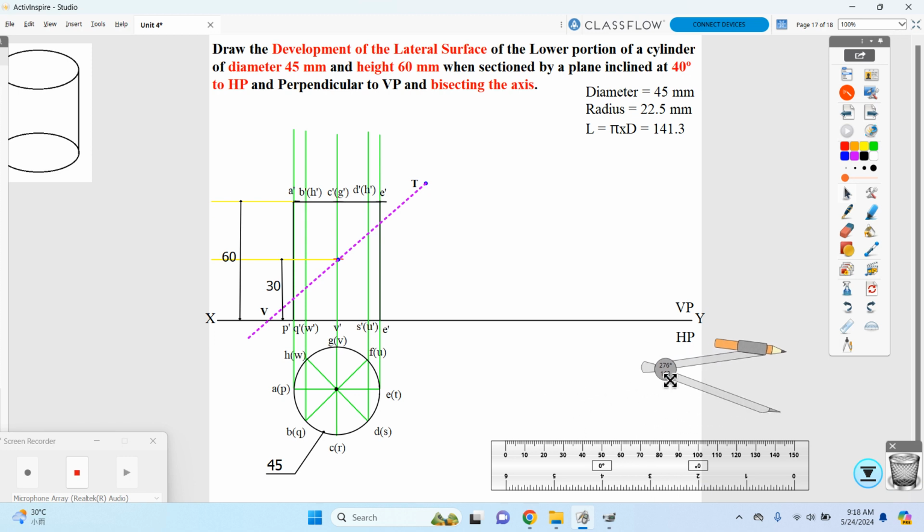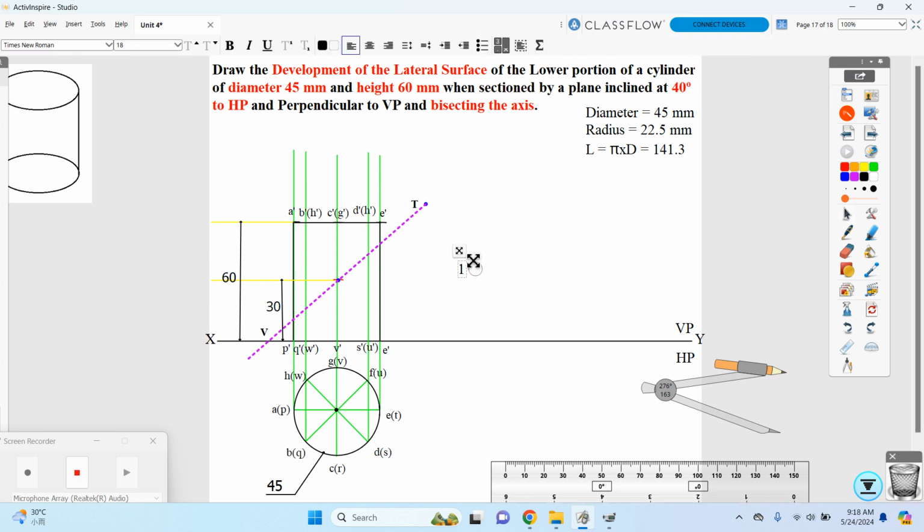For that, first we will do the section dimension also. This is your 1 dash point, I keep it here. Then 2 dash over here. Then 3 dash on the axis condition. Then 4 dash over here.